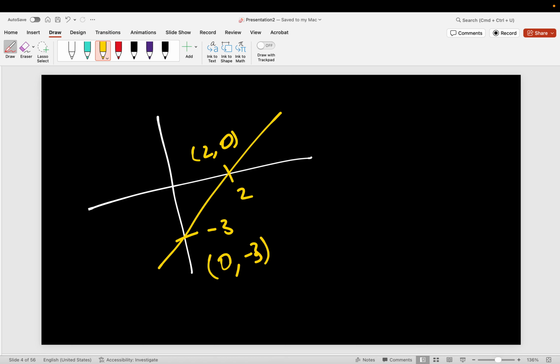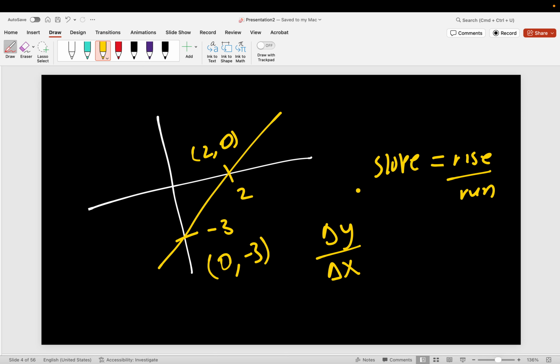The next thing we wanted to talk about is slope. Your slope is just your rise over your run, or you can think of it as your change in y over change in x. So how does y vary as x varies? If your line is increasing as x increases, then it's a positive slope. But if it's decreasing as x increases, then it's a negative slope.